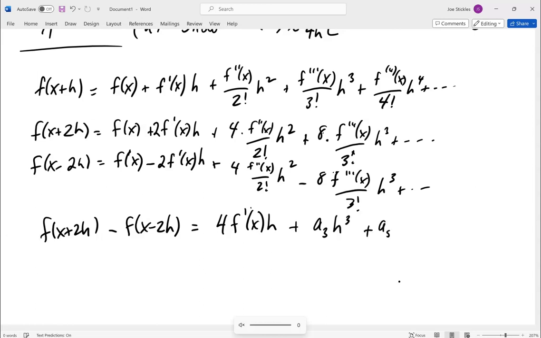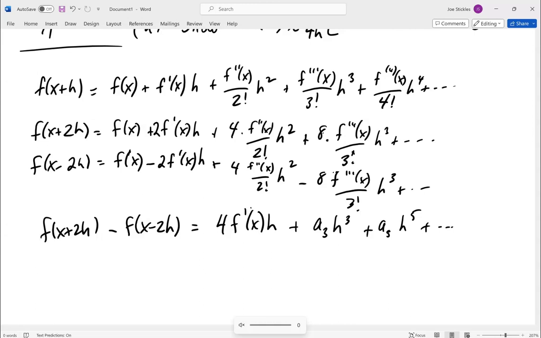And then I would have an a5h to the fifth, and so on down the line. I'm doing this minus this, so it'll be positive. It's the only reason I order it plus. I could put a minus, it doesn't matter. It's just some constant. I'm just being lazy and not writing out what the constant actually is. So some constant times h cubed, some constant times h to the fifth. And again, all the even ones cancel because they have the same signs.